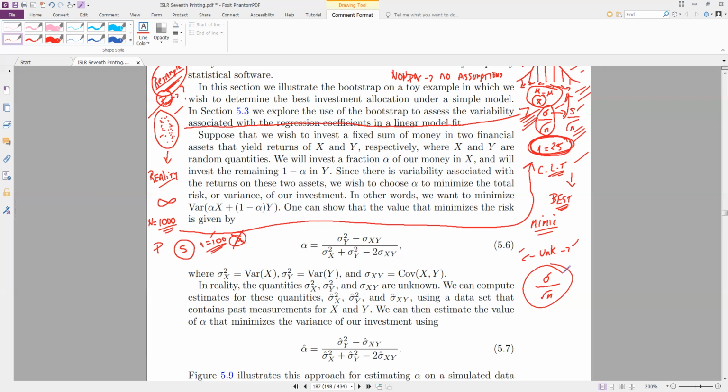But again, we had to make a whole bunch of assumptions of what type of population we're sampling from, right? Normal population, central limit theorem, and all of that. But there's many times where it's not that you're uncertain about the assumptions, it's that you don't even know what the closed form analytical expression for the standard error is.